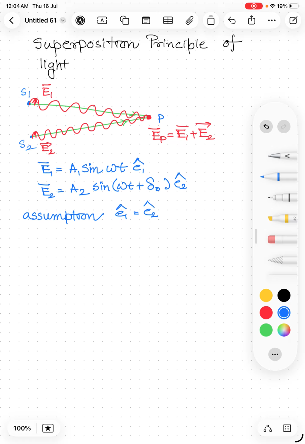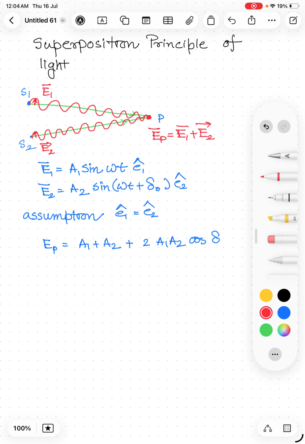With these assumptions, we have already found that E total at P will be equal to A1 squared plus A2 squared plus 2 A1 A2 into cos delta.